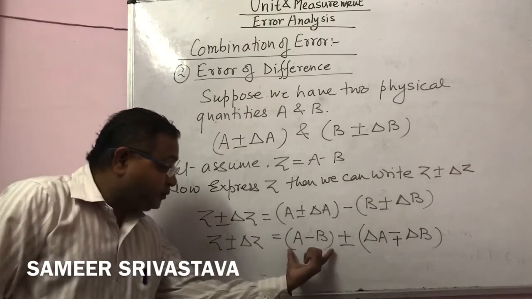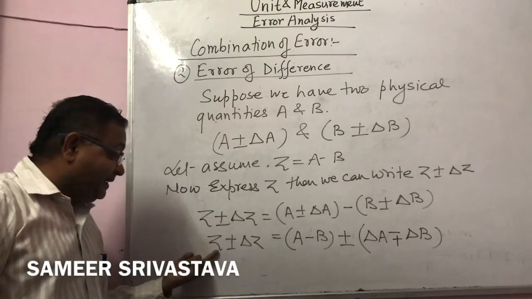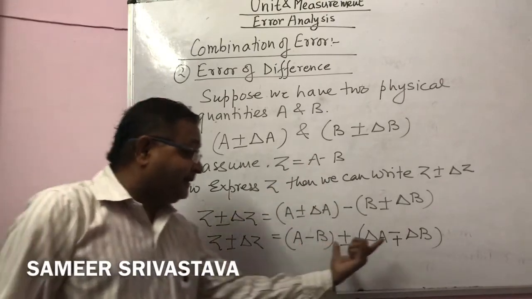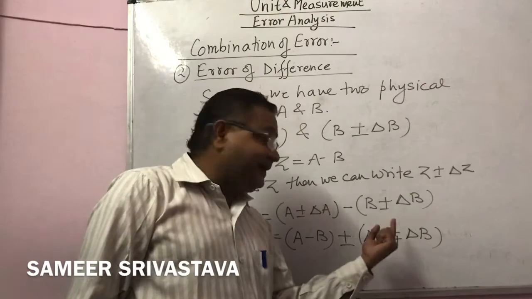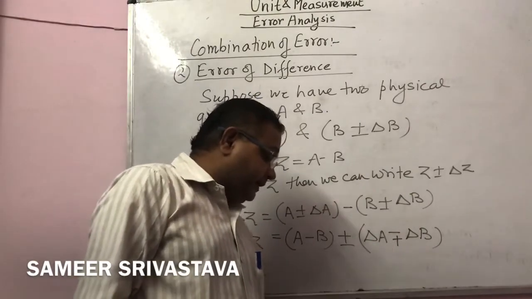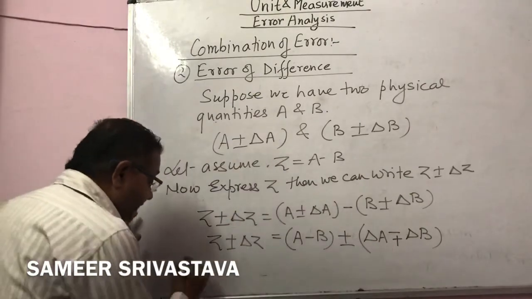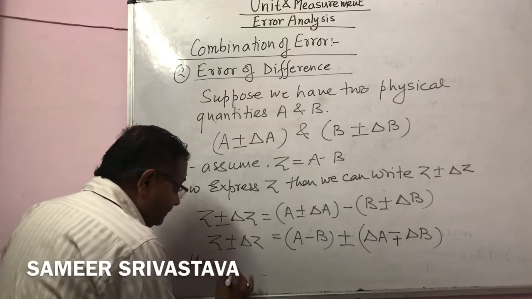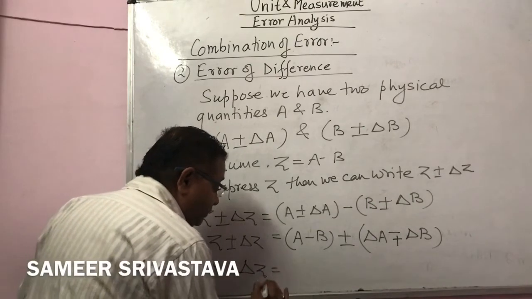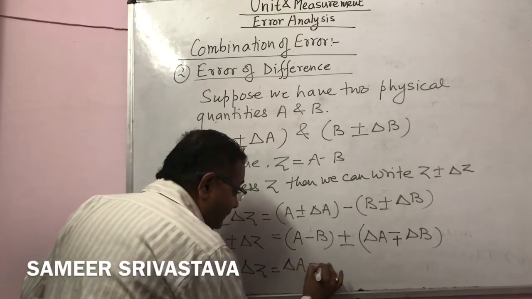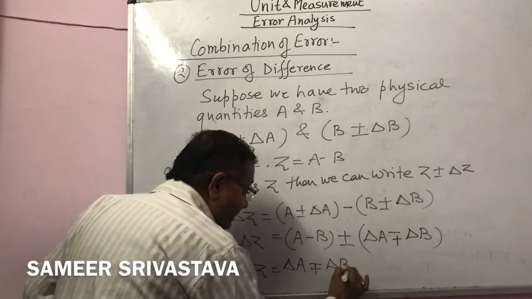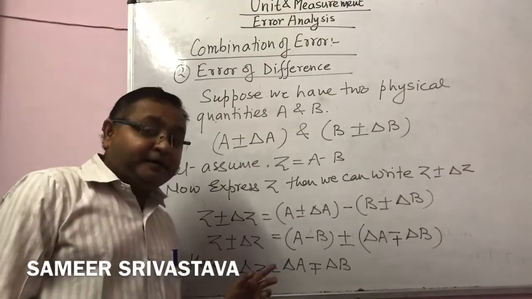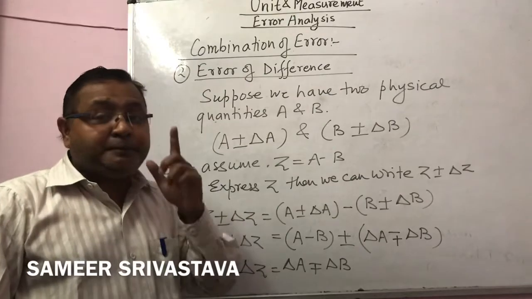Now this quantity A minus B is what? Z. So what about the delta Z? The delta Z is delta A minus plus delta B, right? So here delta Z is equal to delta A minus plus delta B. But always remember, we always take the maximum possible value.